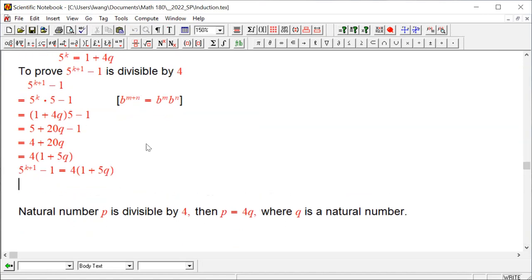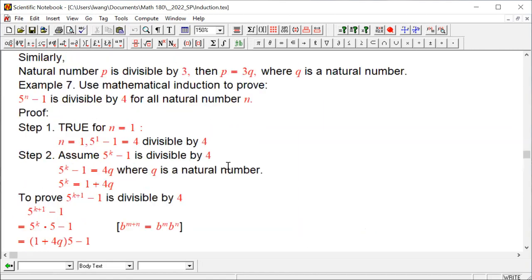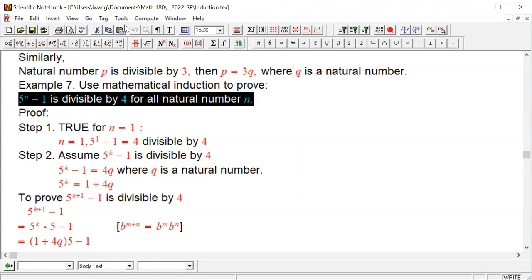So this means, right, you can say that 5 to the power of k plus 1 minus 1 is divisible by 4. So that has been proved. Now all two steps are done correctly. You can say therefore, and this piece is true.